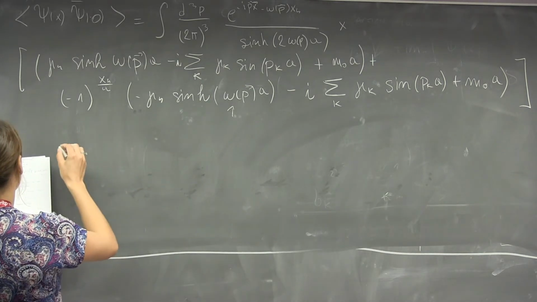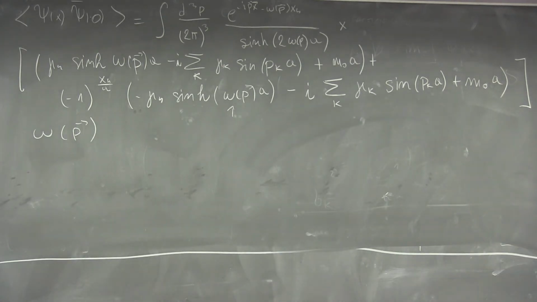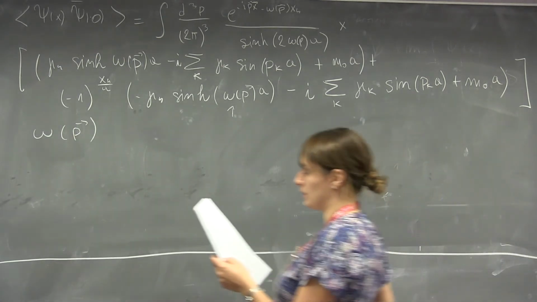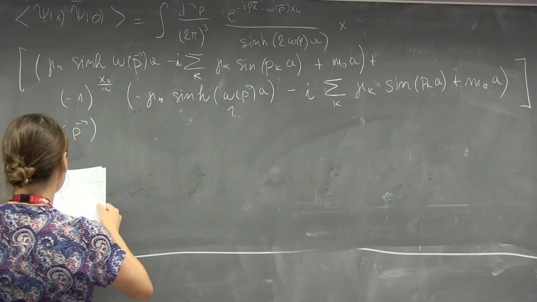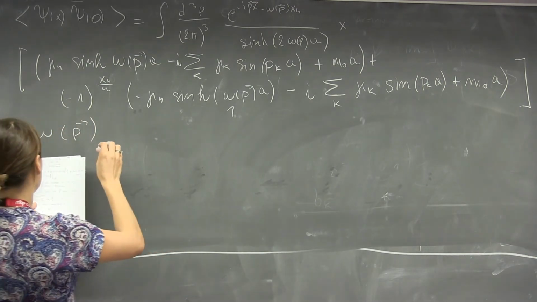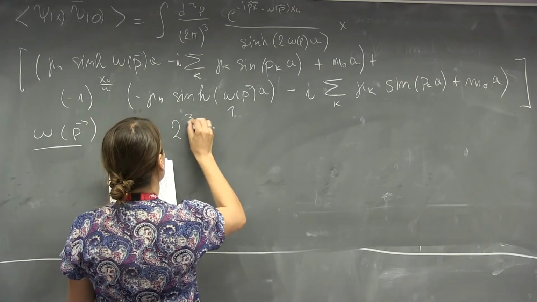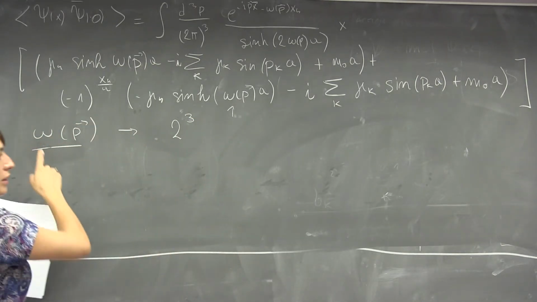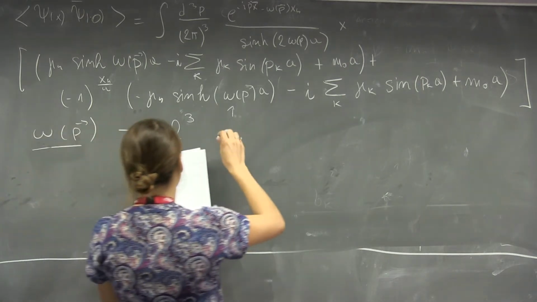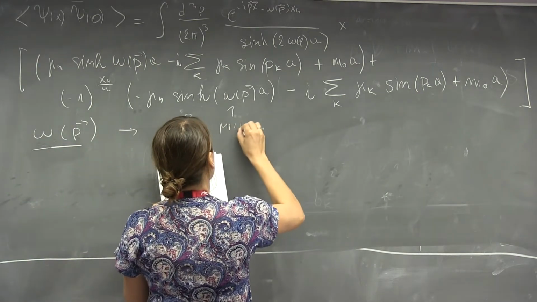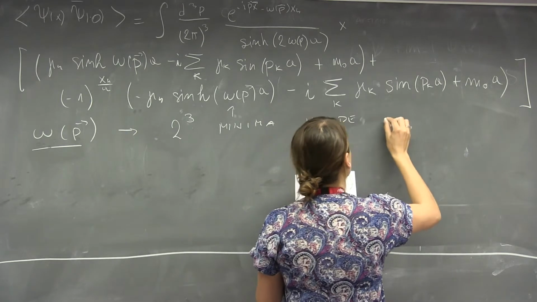So basically, this function omega of p, which tells us how many multi-particle states we have in our propagator, it tells us that the function which depends on the spatial momenta has 2 to the 3 minima inside the first Brillouin zone.